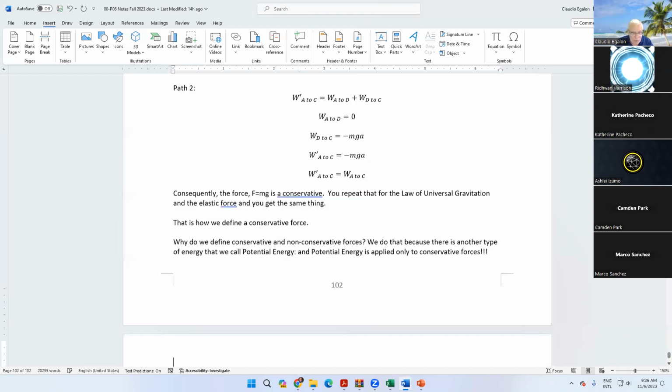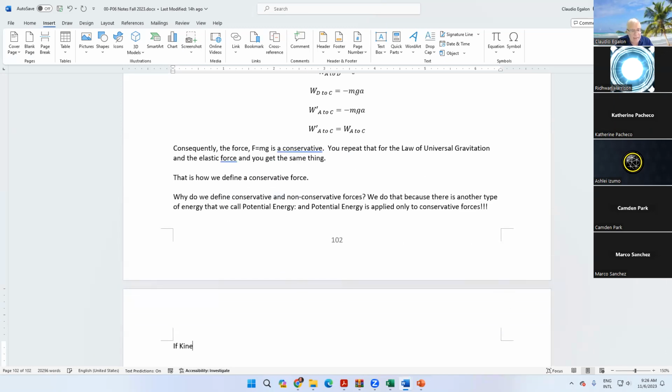Okay, very important to remember, if kinetic energy is energy due to motion, potential energy is energy due to position. See the difference here?